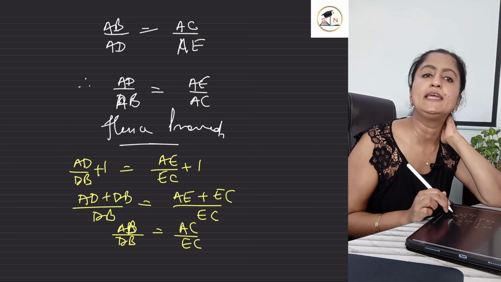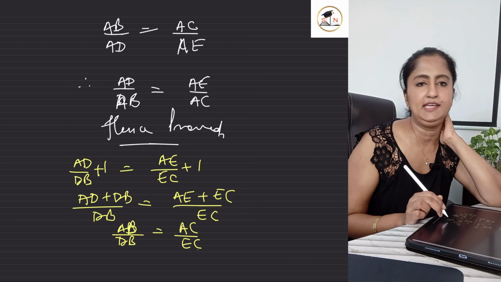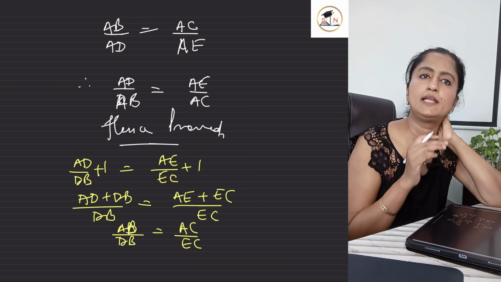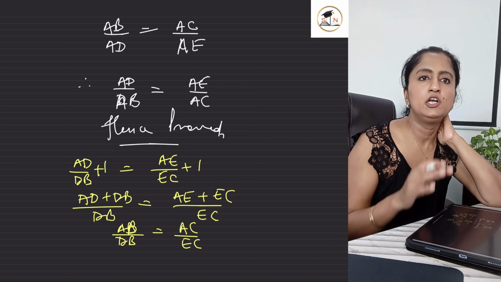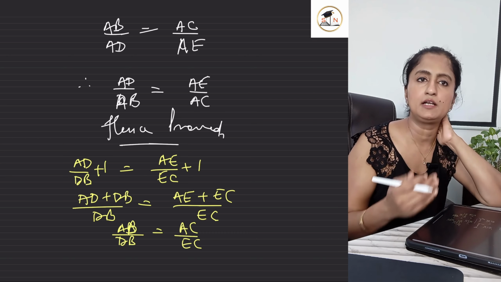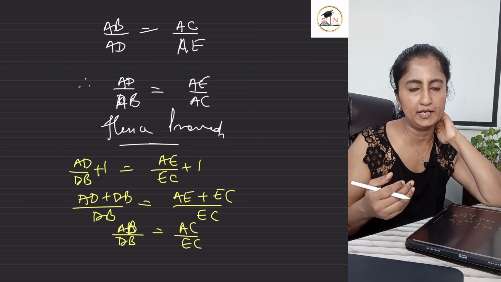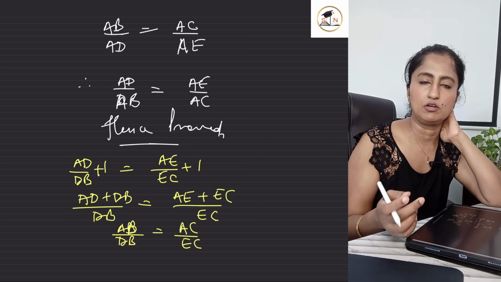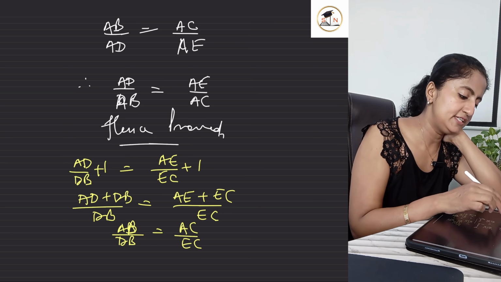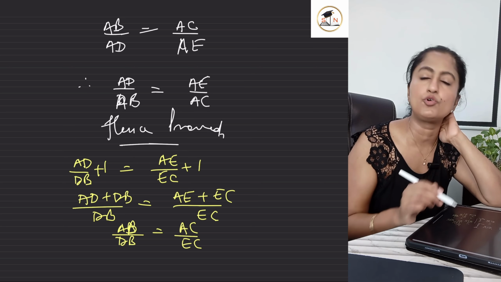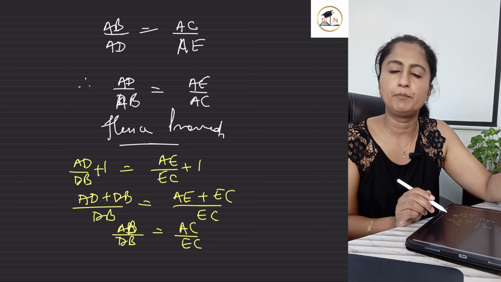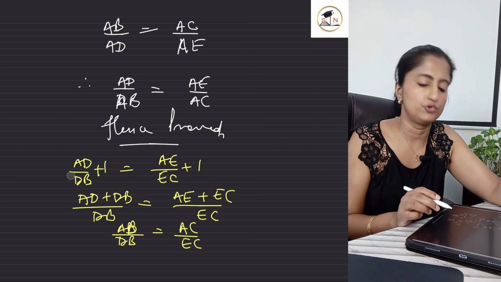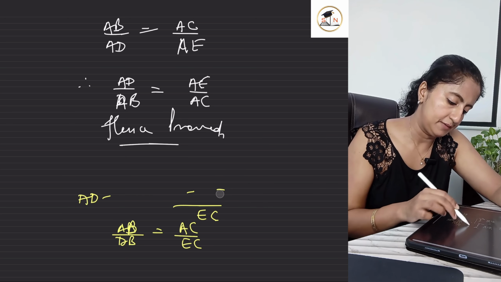We are not getting AD, we are not getting AE, right? The question wanted AD and AE, due to which we had to flip it, we had to bring them to the denominator so that when we take up the LCM, they do not get dissolved. That is the reason. This yellow section, I just did it to show what is the importance of flipping it in this particular portion. Okay, so now I'm erasing that part.